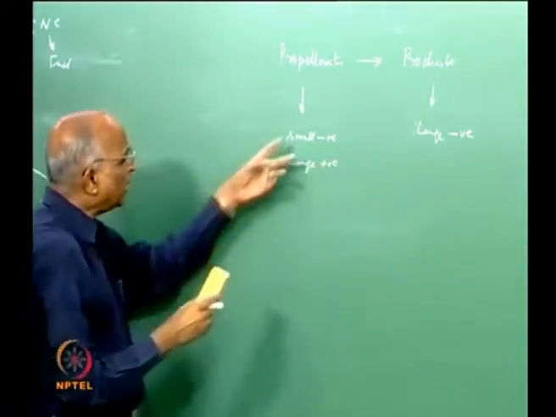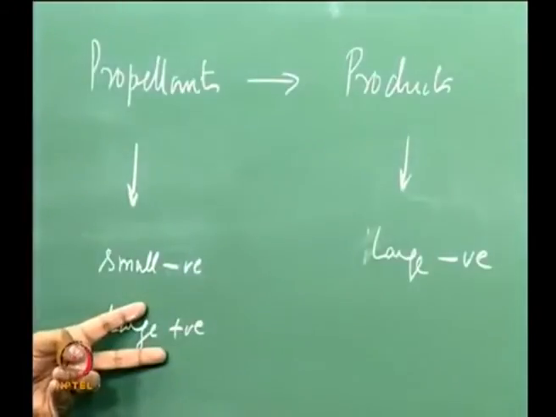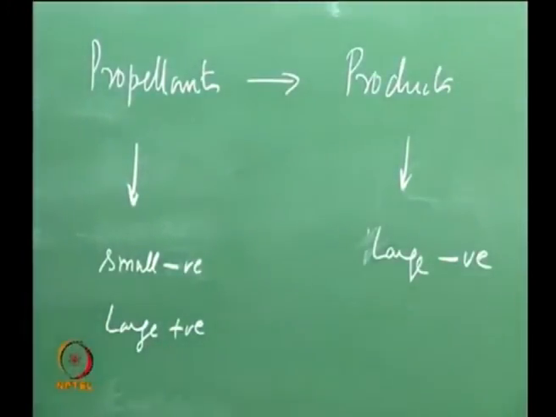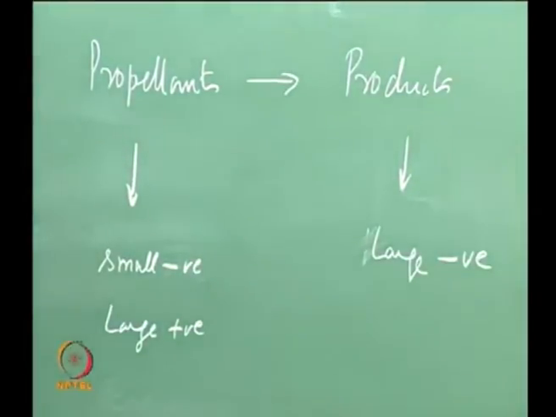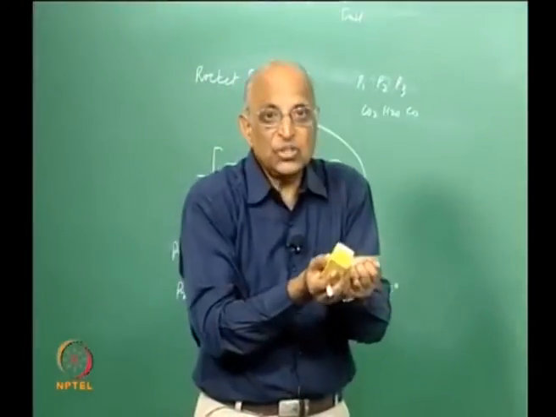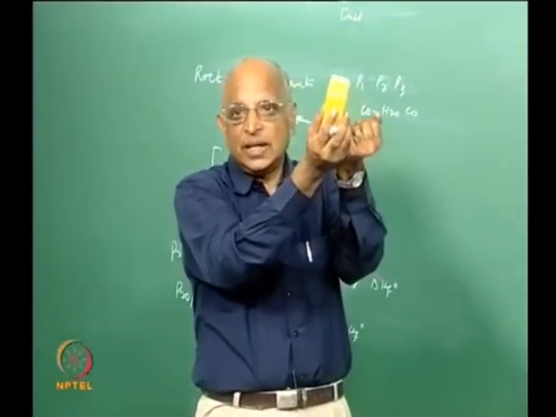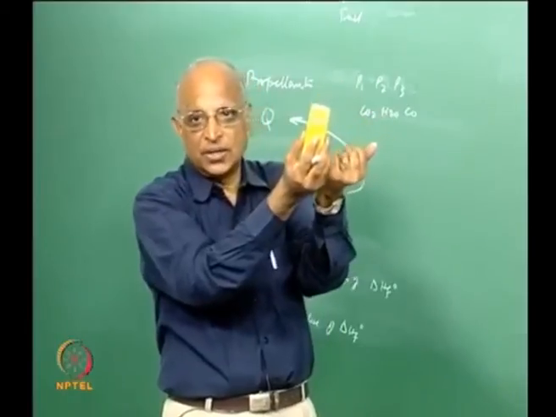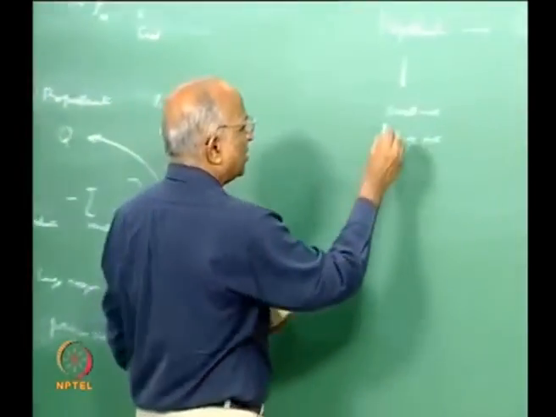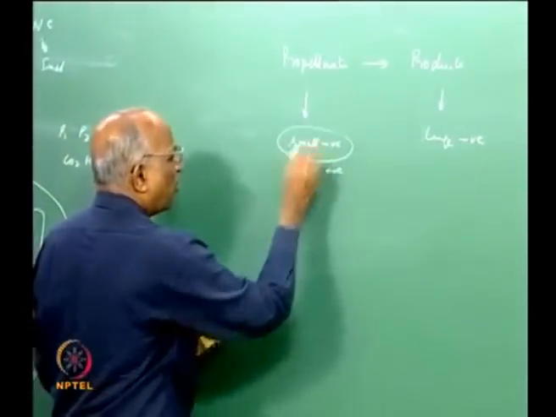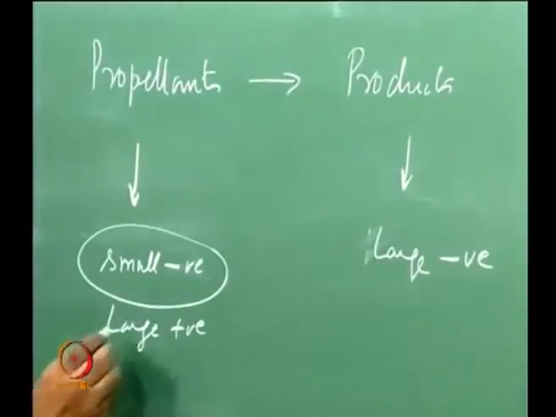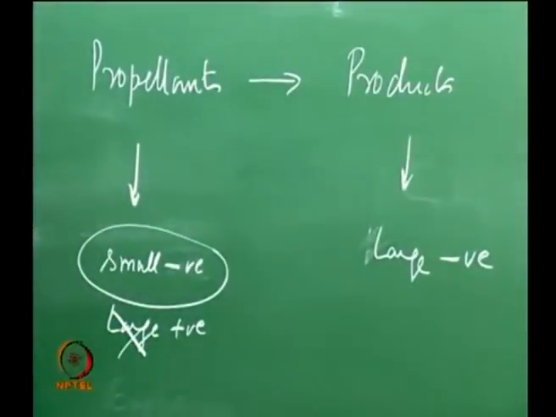Why did I write small negative values? Because if the heat of formation is positive, the substance is basically unstable. Why is it unstable? Because you are supplying so much heat to form the substance that it cannot remain so in the standard condition, and therefore the general thing is, why should it not have a small negative value instead of a large positive value, which is not possible.